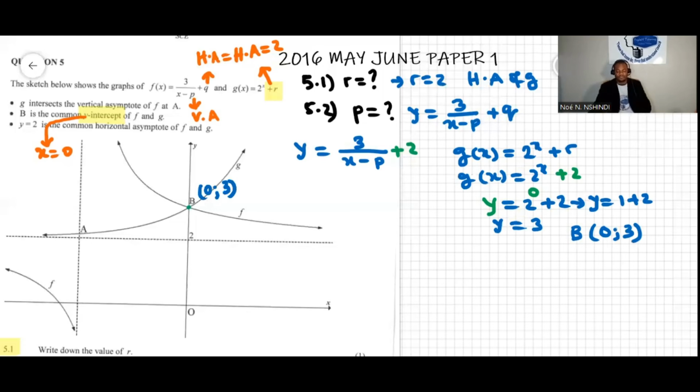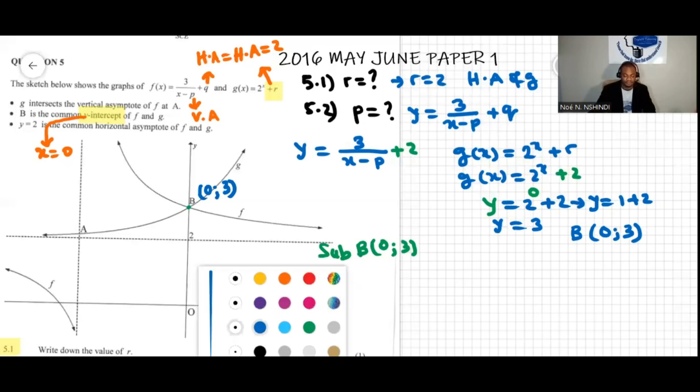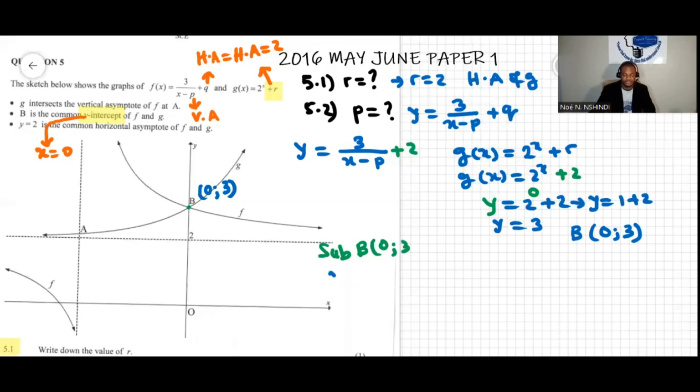Now we have a point, and we also have the horizontal asymptote, so we can find p by substitution. B being equal to (0, 3), I'm going to substitute B into the equation y equal to 3 over x minus p plus 2.